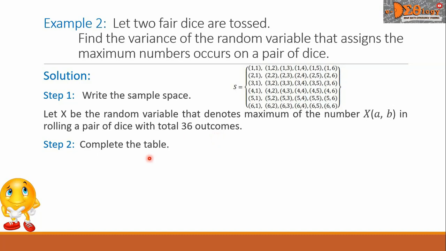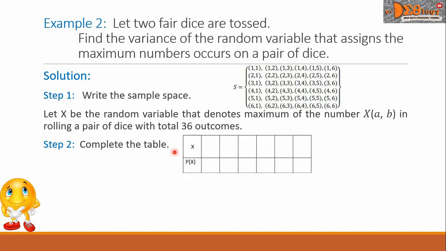Step 2, let us now complete the table. The first row for X, second row for the P of X. For the X, we write the numbers from 1 up to 6. Now, for the probability of X respectively, for number 1, there is one sample point here where the maximum number is number 1. So probability is 1 over 36. For number 2, there are 3 sample points where the maximum number is 2.